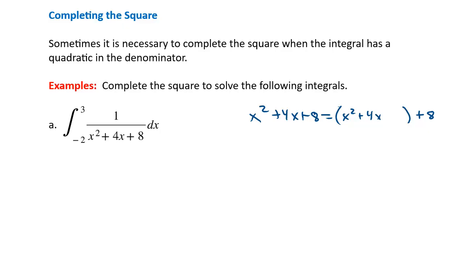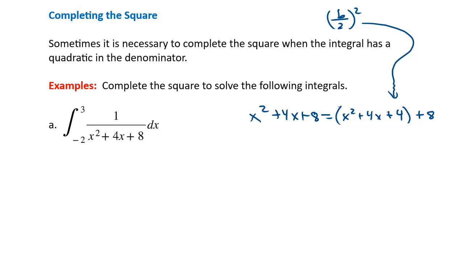Okay, so remember, to complete the square, you take the b term over 2 and square it. Okay, so that comes down here, and that's always going to be positive. So if you take the b term, which is 4, divide by 2, that'll be 2, square it, that's also 4.